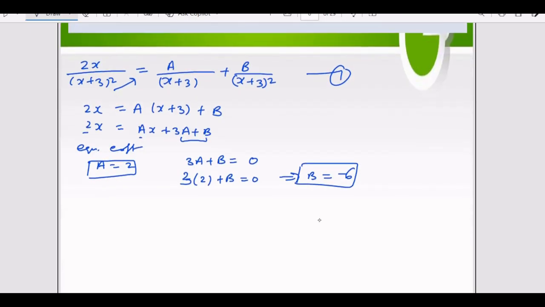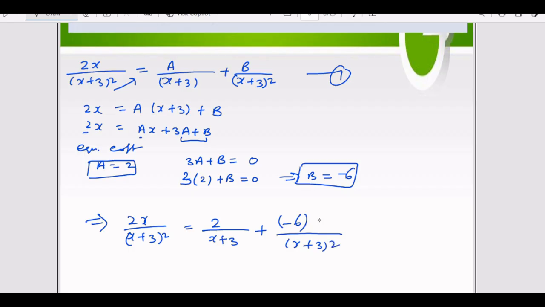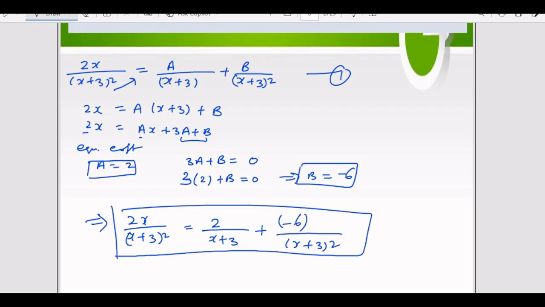So the final answer is 2x over (x + 3)² equals a, which is 2 over x + 3, and b is -6 over (x + 3)². So that's it for this. I hope that's very clear now.